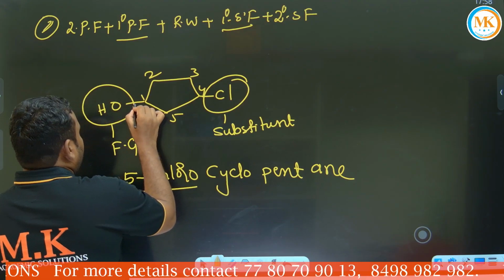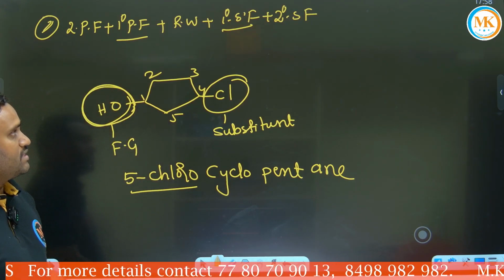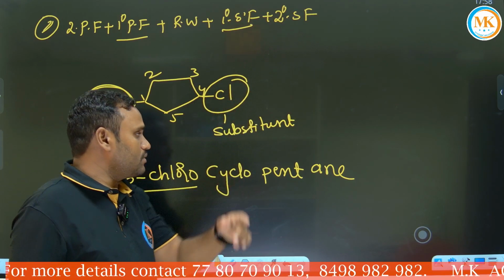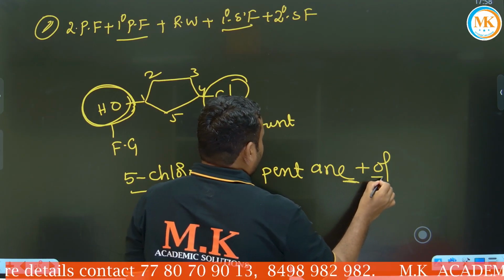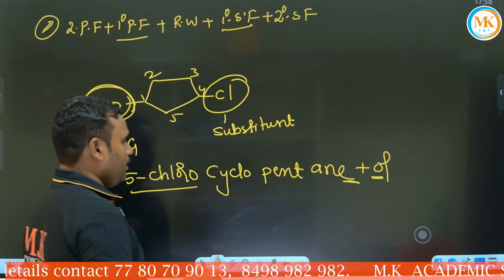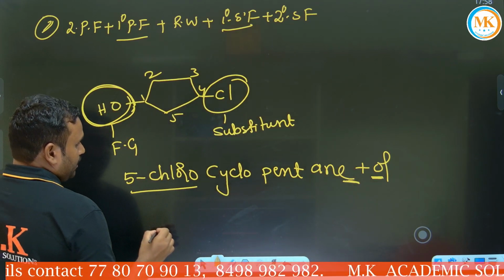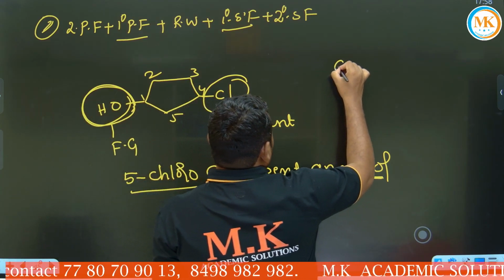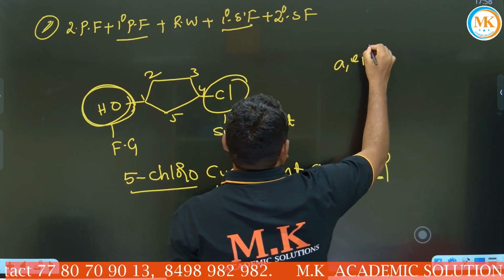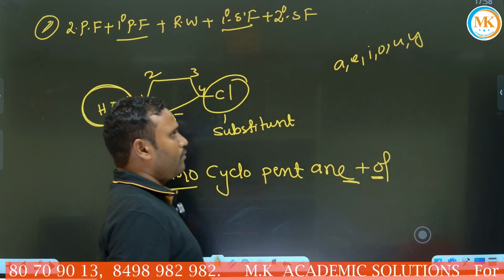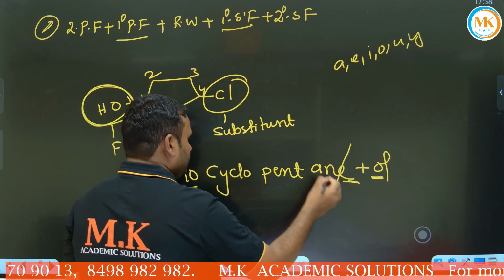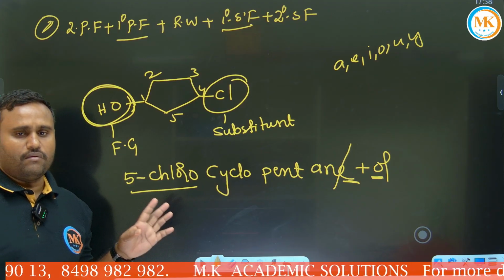And the OH functional group: when OH is the functional group, the secondary suffix is ol. Whenever we have adjacent vowels a, e, i, o, u, y, we need to strike off the first vowel.